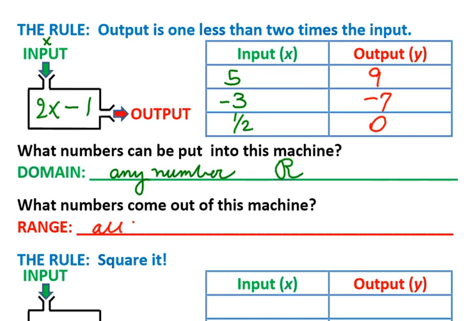So all numbers as well, and we could put an R for that. For the domain, it was all numbers. I could put anything into the machine I wanted to, and it would shoot out any number. There were no restrictions on what came out of that machine either.